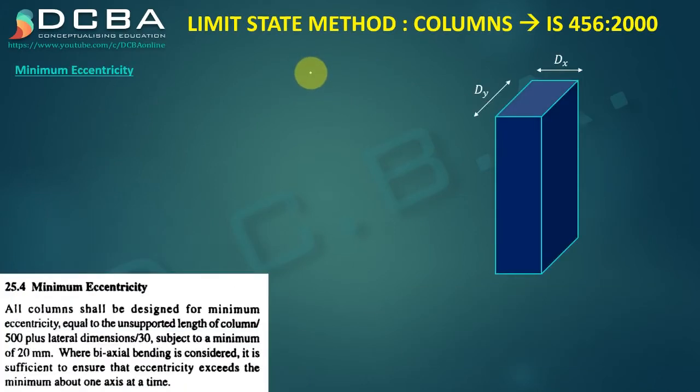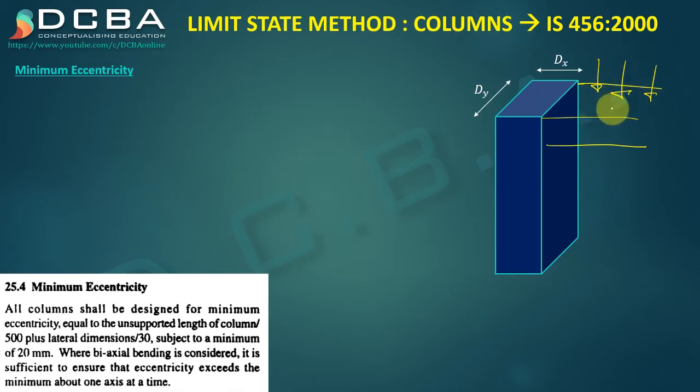Okay, so after slenderness limits we have minimum eccentricity. Now eccentricity is something that comes from the loading, how a column is loaded. So generally to a column a beam is attached, correct? The beam is attached to the column, and there would be multiple loadings on the beams.